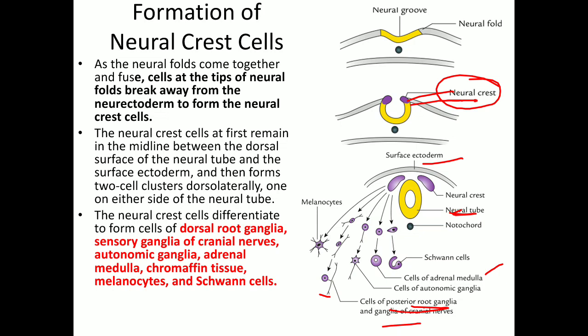Here the purplish structure shows the neural crest cells, and they will get separated from the surface ectoderm, lie between the neural tube and surface ectoderm, and give rise to multiple important structures. These are dorsal root ganglia, sensory ganglia of the cranial nerves, autonomic ganglia, adrenal medulla, chromaffin tissue, melanocytes, and Schwann cells.